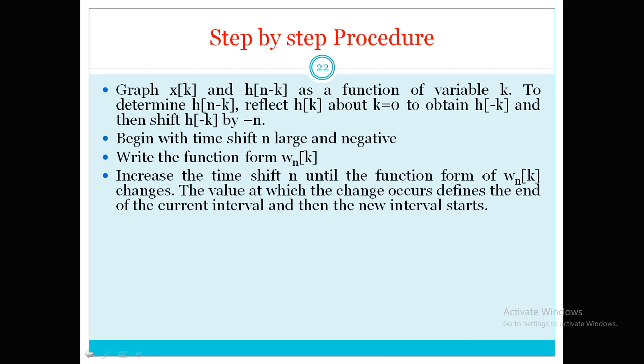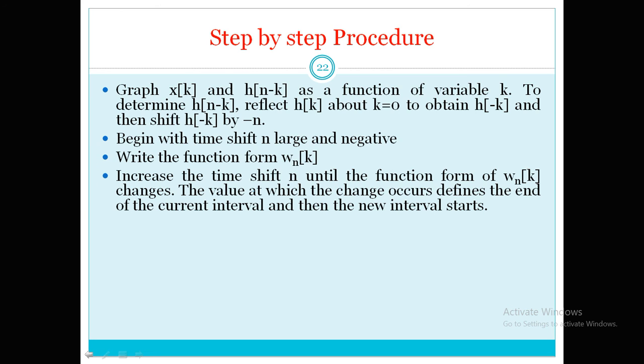Then increase the time shift n until the function form of Wn of k changes. So we need to see until it is changed. The value at which the change occurs defines the end of the current interval, and then the new interval starts. In this due course, we want only the overlapping of these two signals, but still the equations will keep on changing from one step to another.